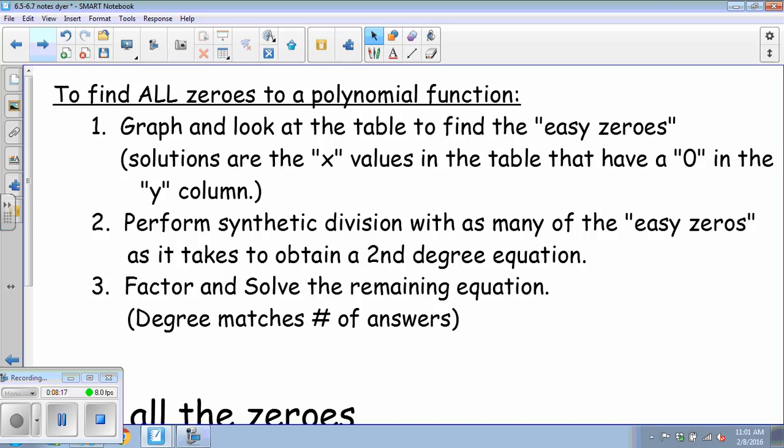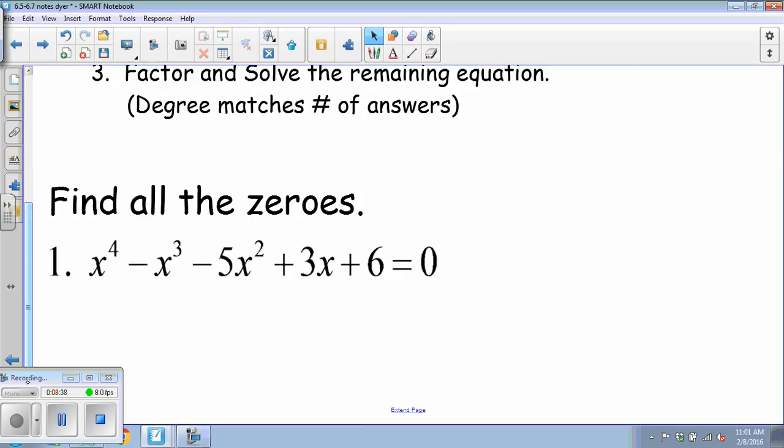Once you know what those are, you perform synthetic division with as many of those solutions that you have to shrink your polynomial down, so then you can factor and solve the remaining equation. Okay? Remember that the highest degree of the polynomial tells you how many answers you should have. And so an example would be this problem right here.